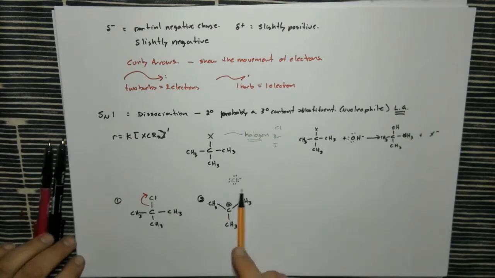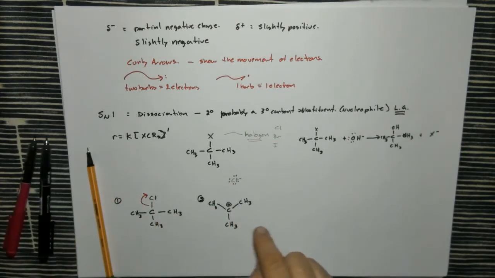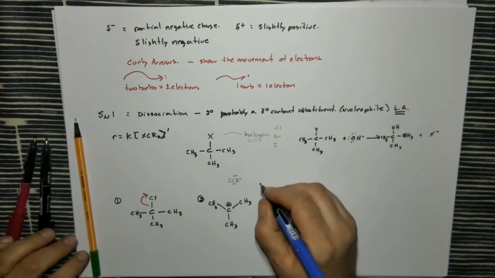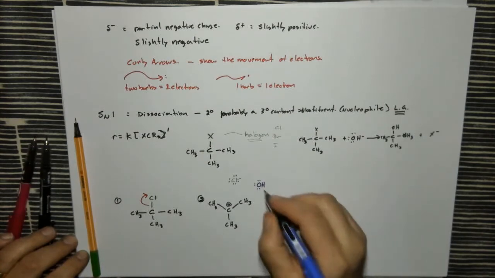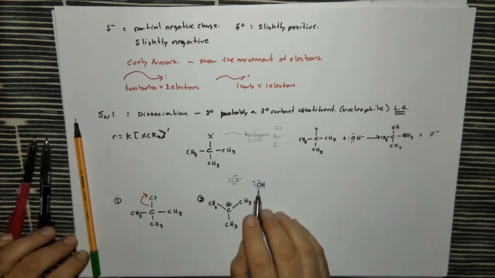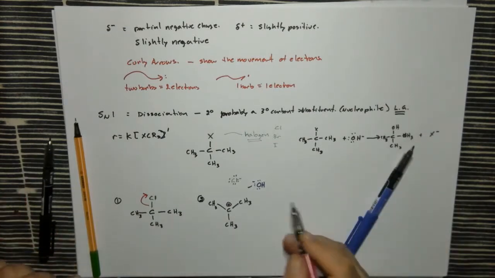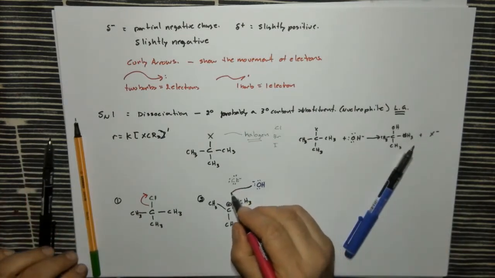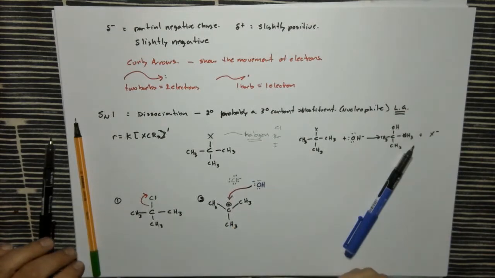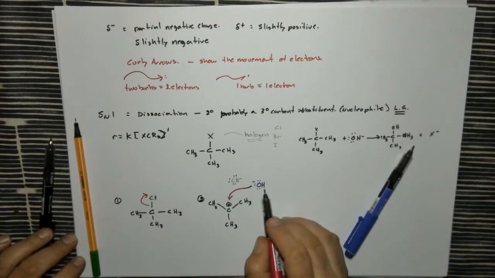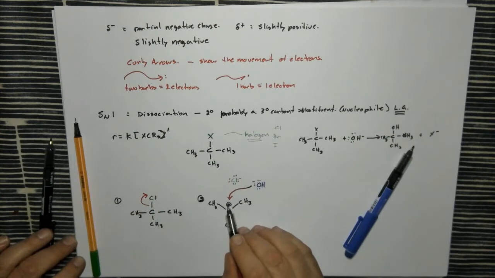And since it's moved off, the new nucleophile, the one that's present in the reaction mixture, is then able to move in and replace the chlorine by being attracted. So this is acting as a nucleophile, right? It's attracted to the positive charge.